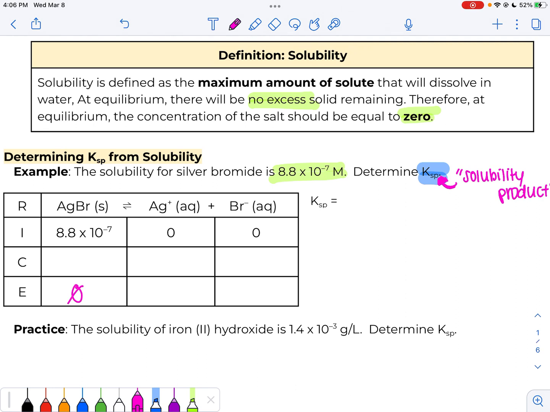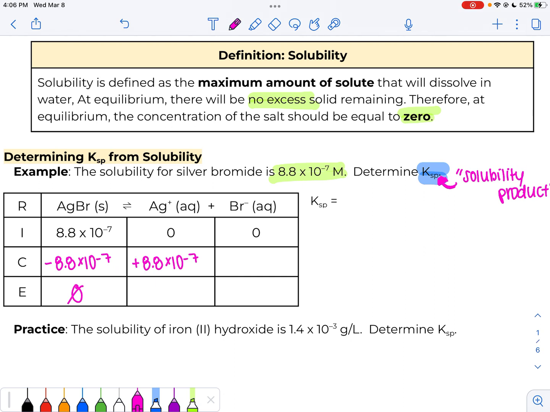So from here, we can figure out our change. If we start with 8.8 times 10 to the negative 7th moles per liter, we're going to end up with 0. Our change is negative 8.8 times 10 to the negative 7th moles per liter. So what that means is if this is our change and everything's in a 1-to-1 ratio, we're going to get the same thing over here, but instead we're adding it.